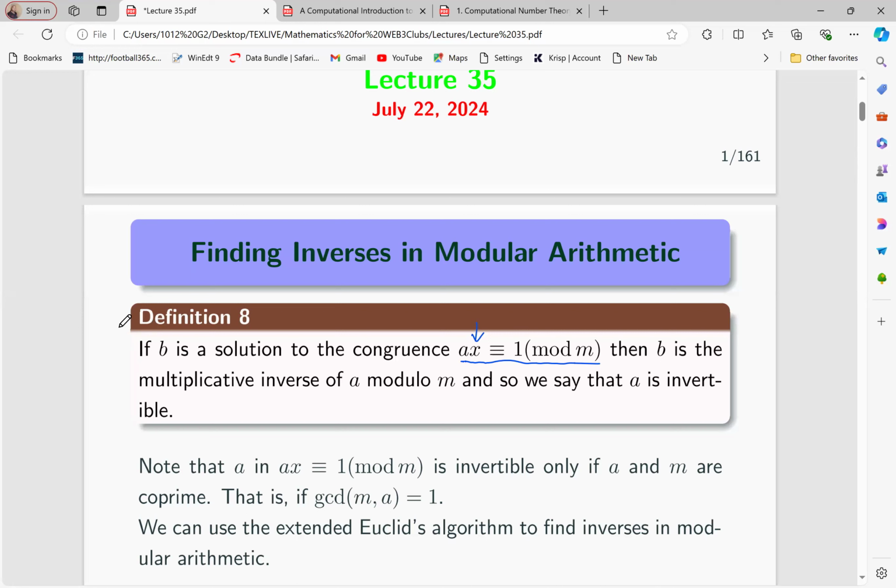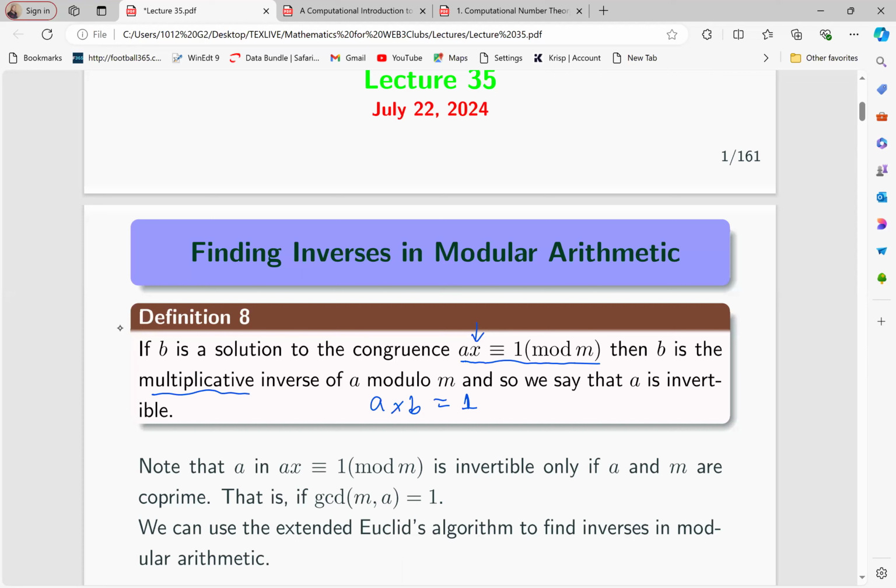Under multiplication, two integers a and b are inverses of each other if their product is 1. And that is what we have here. So if b is a solution to this equation, then b is the inverse of a, or a is the inverse of b.